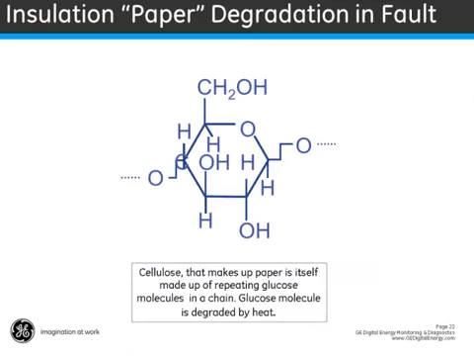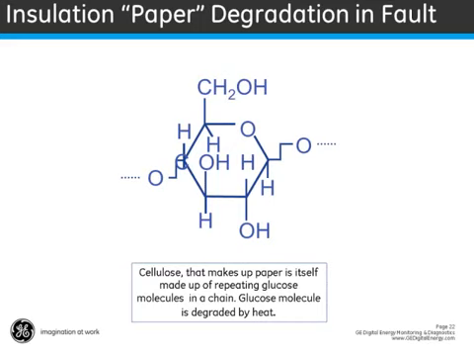What about the paper? The coils and internal cables of a power transformer are wrapped in a highly refined paper to provide structural support and to act as an insulator. The backbone of this paper, as in fact with all paper, is the cellulose molecule. And cellulose is made up of chains of a repeating sugar molecule, namely glucose.